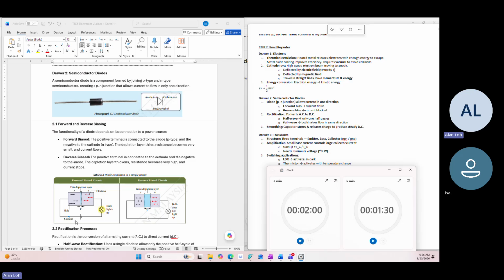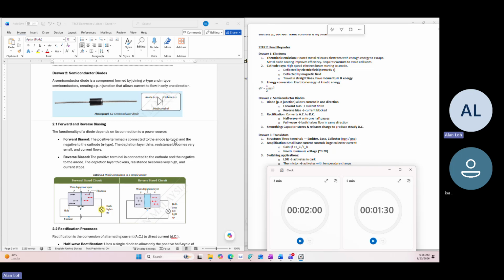And with this closed loop, the bulb is able to light up, right? And for diodes, you also have anode and cathode, if you see from this diagram, right? Anode is positive, cathode is negative, right? This explains the P-type and the N-type.